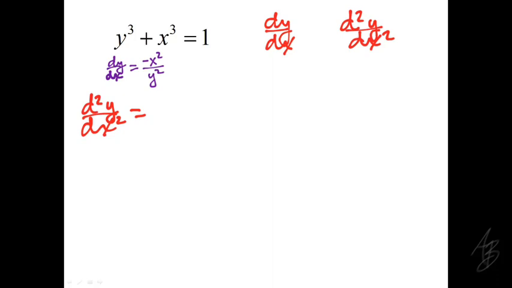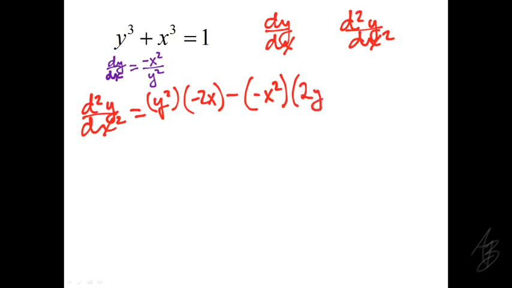Low d high, we'll have y squared times the derivative of the top, negative 2x dy dx, minus high d low, negative x squared, times the derivative of y squared, 2y, and again we're taking the derivative of y with respect to x there. Using the chain rule here, we have to multiply by dy dx, all over the square of what's below. Y squared would be y to the fourth power.